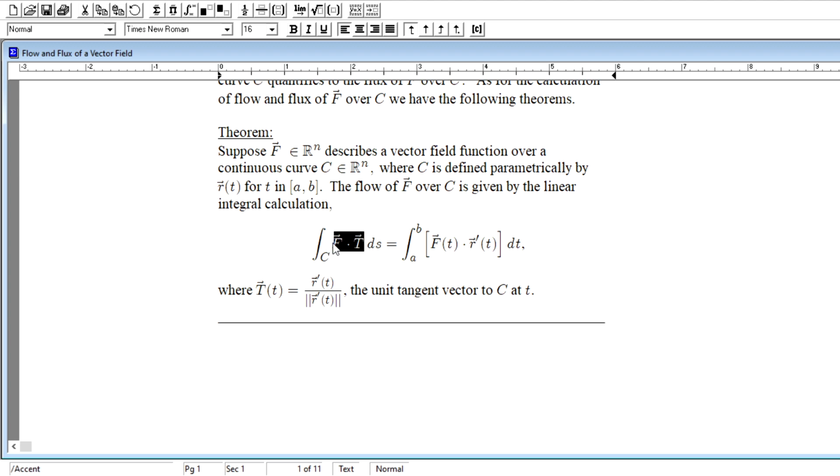Remember, folks, the dot product gives us projections.